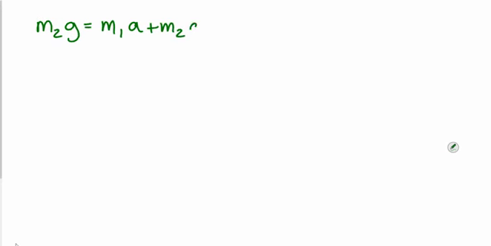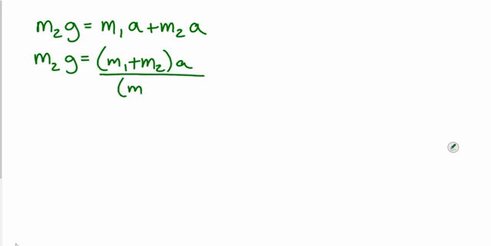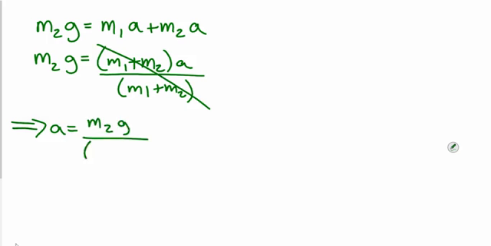Just moving that m1a over to the other side of the previous equation, we can then factor out a. And then solve. You find that the acceleration is equal to the mass of the bucket hanging from the roof times g divided by the total mass of both objects together. And we plug all the numbers in.